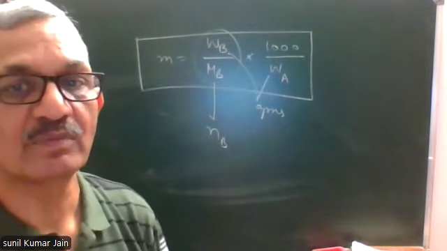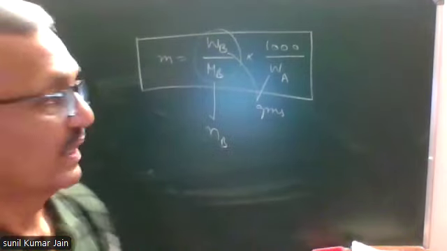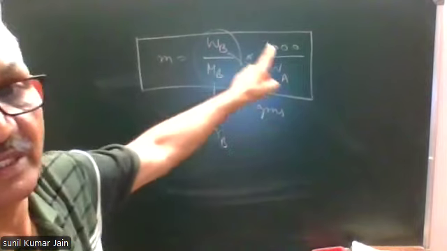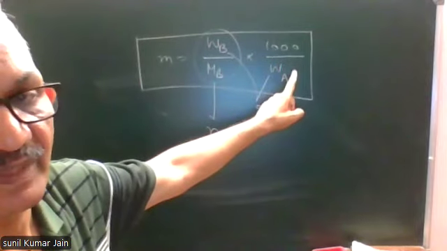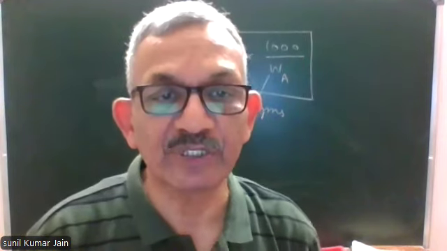NB means number of moles of solute. Right? On the right hand side, there is no parameter which changes with temperature. So write down, it is independent of temperature, doesn't vary with temperature.